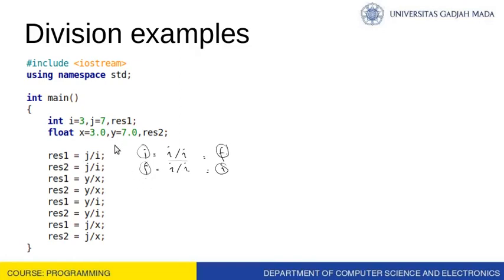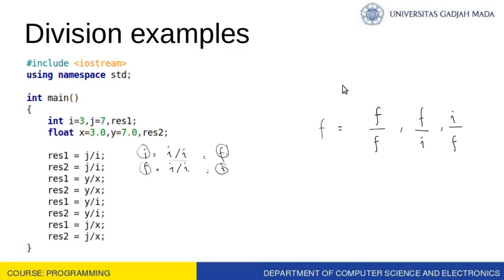Okay, which one is the most correct one? If you want to do division, here is the correct pattern: float divided by float is okay, or float divided by integer, or integer divided by float. Of course the result should be in float.